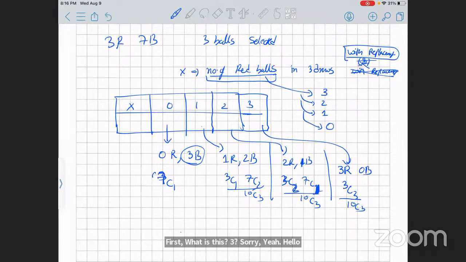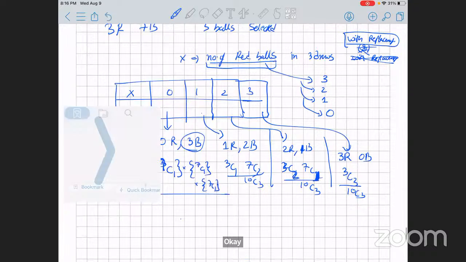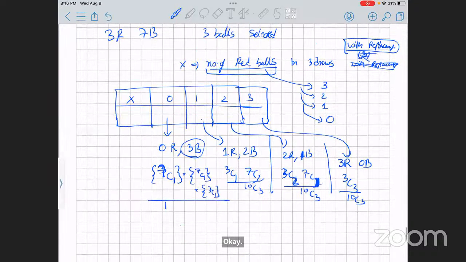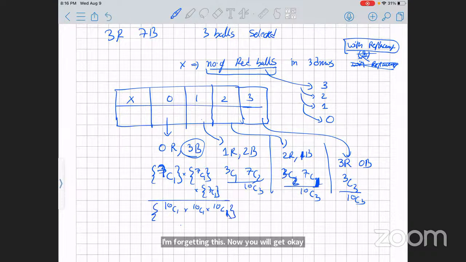Clear? And then you replace it, and secondly 7C1, and third one is 7C1, and divided by 10C1 into 10C1 into 10C1. Are you getting this?